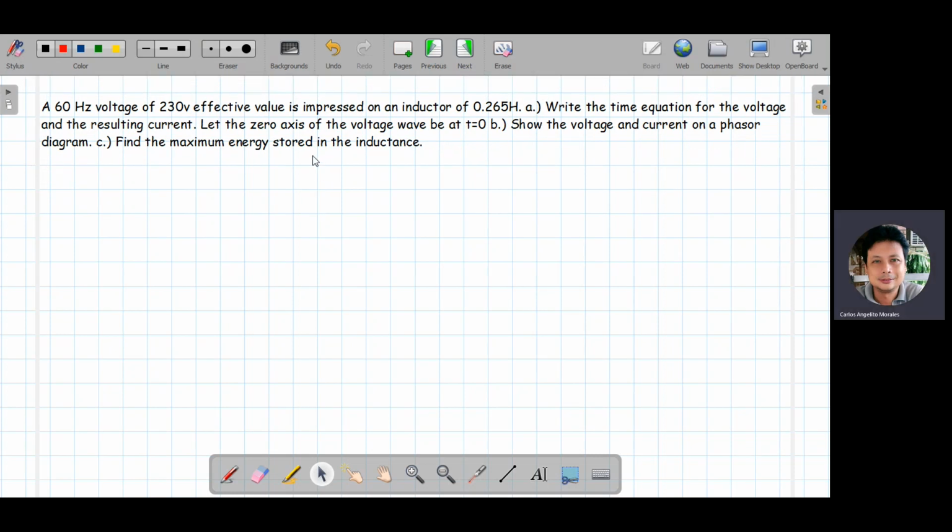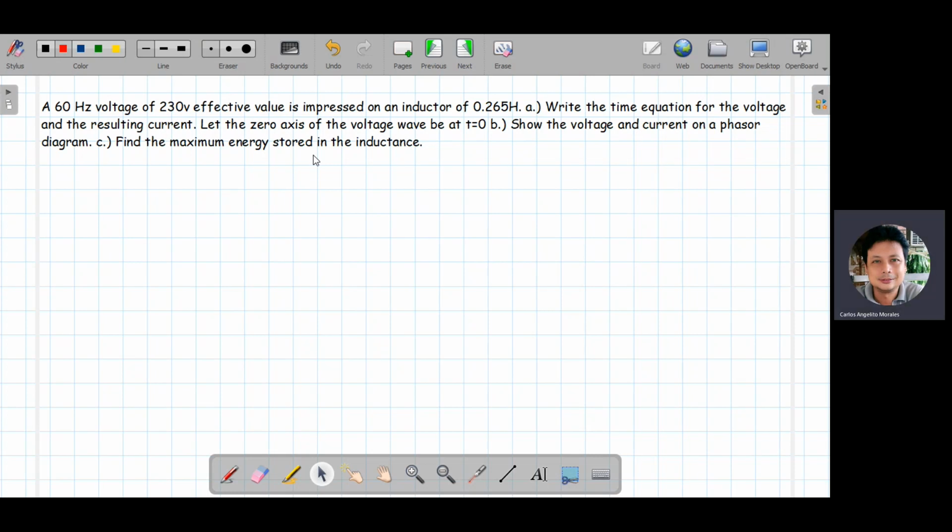So, example naman ito para sa purely inductive, no? So, yung 60 Hertz voltage daw, na ang voltahe ay 230 volts, ito yung effective value niya. So, pag sinabi natin effective value, RMS din yun. In-apply daw siya sa isang inductor na nagtataglay ng 0.265 Henry.